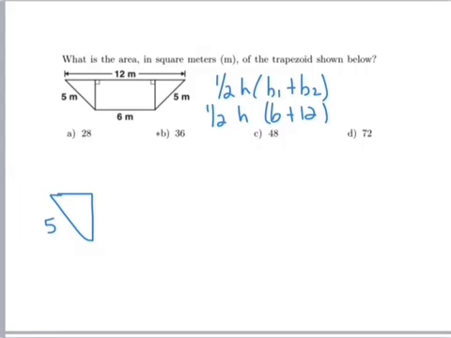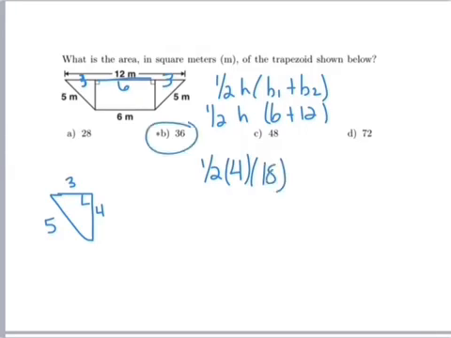And I can figure out, because it's an isosceles trapezoid, that has to be 6. If the total length is 12, then the other two segments together have to make 6, which makes them 3 meters apiece. So now I know the height is going to have to be 4. And now I can substitute into my formula. I want half of 4 times 18, which is going to give me 36.